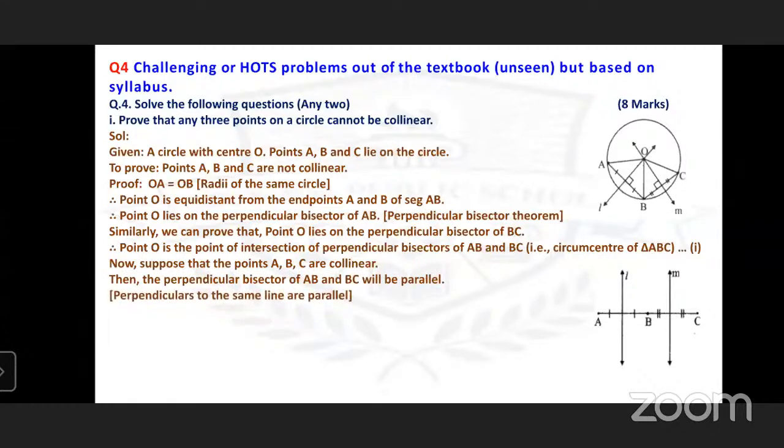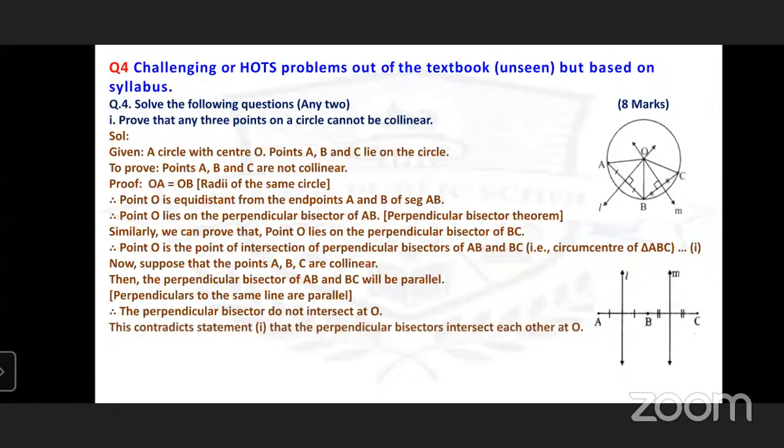Lines perpendicular to the same line are always parallel, and they do not intersect at any point or point O. So this contradicts the statement that the perpendicular bisectors intersect each other at point O. So our supposition that A, B, C are collinear is false. This condition is false. Therefore, we write the points A, B, and C are non-collinear points.